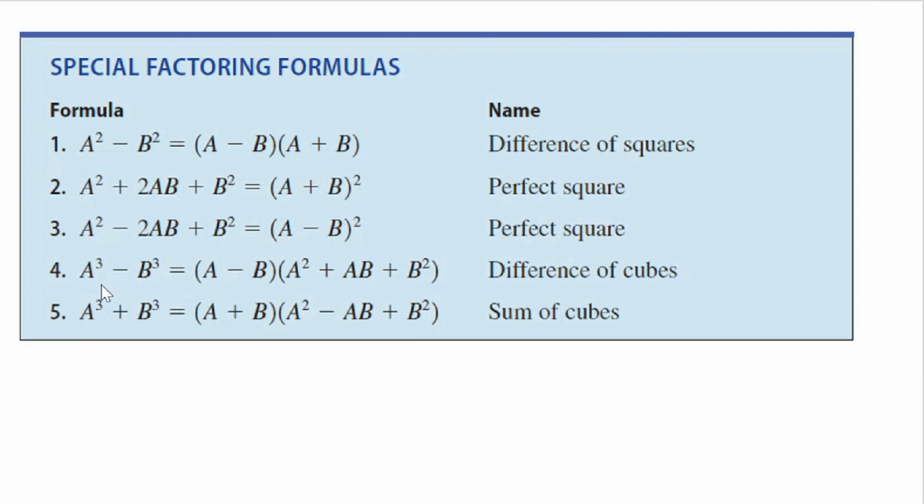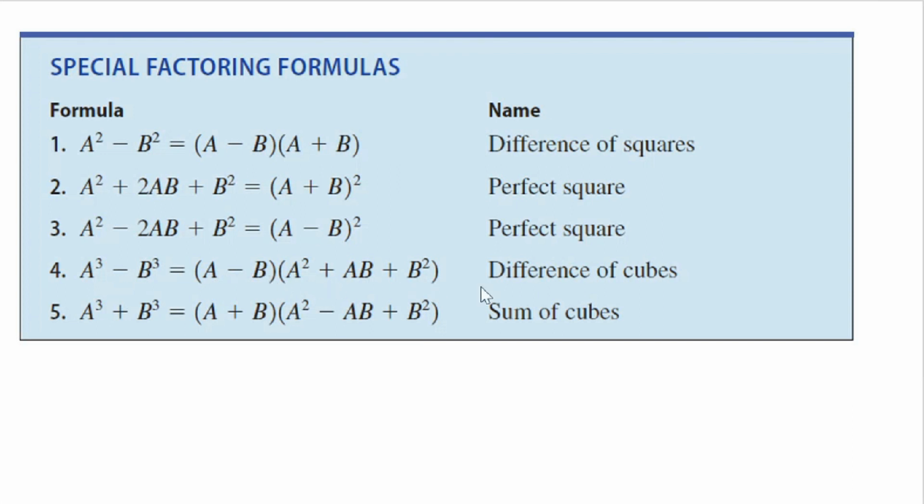And this is now the difference of cubes, or difference of two cubes. First of all, you're going to take the cube root of the first term, which is a, and the cube root of the last term. We copy the sign, negative b. That's the first thing that you're going to do. Take the roots. So the cube root of a cube is a, and the cube root of b cube is b. So a minus b. That's now your binomial.